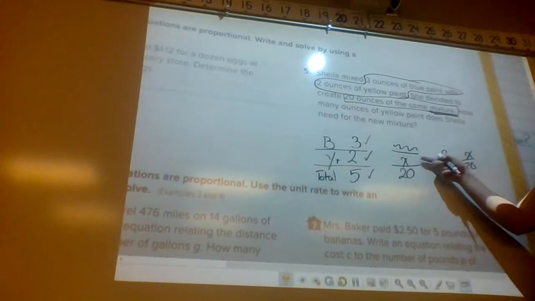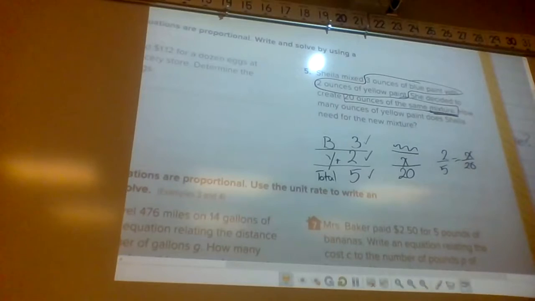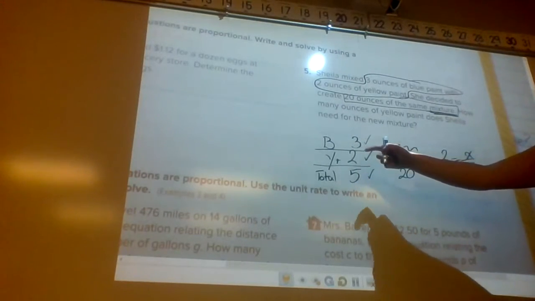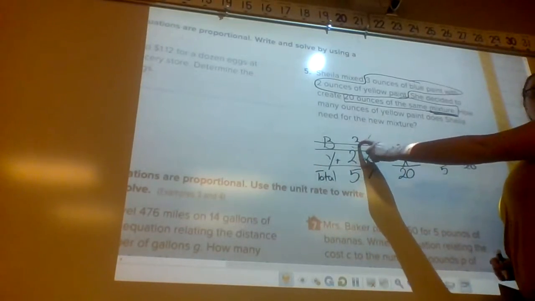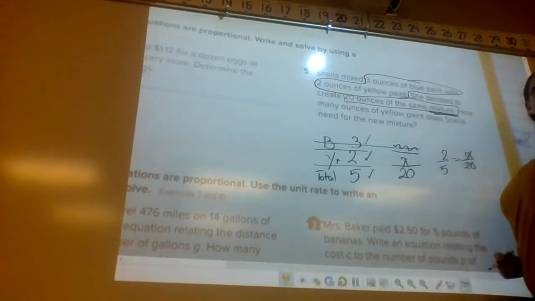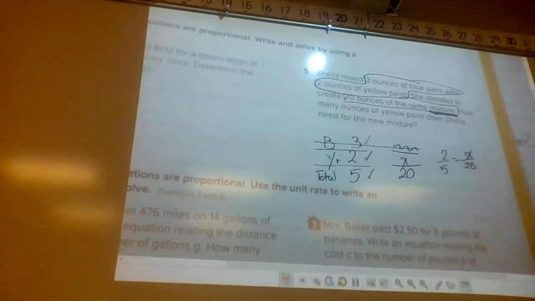Does it say anything about how much total yellow she has? Does it ask for one of them? So it didn't even ask for the blue, right? It does not care. The only reason we needed that blue was to get this total. Yellow is what we're looking for. That's where you're going to put the variable. Does that help you out?